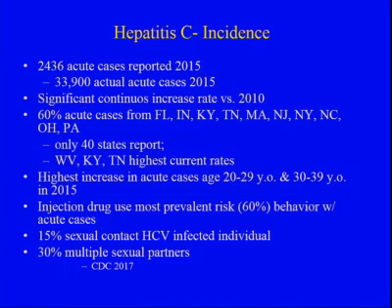The highest increase in acute cases is in patients 20 to 29, and it has to do with injection drug use, and it's thought that this is kind of a secondary effect of OxyContin use.